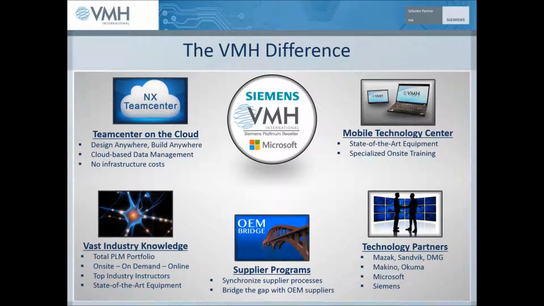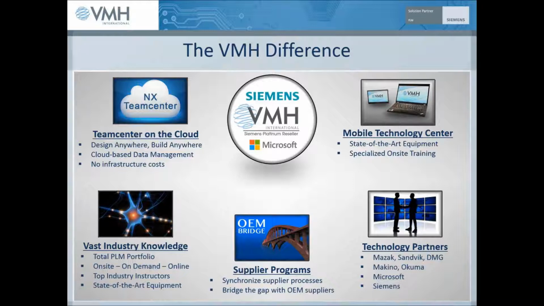Within that, again, we have our Mobile Technology Center, which we spoke about in the training, which we can deploy equipment, which is state-of-the-art, to provide training anywhere in the country. Down directly below that are technology partners. Our technology partners are just very, very important to us.